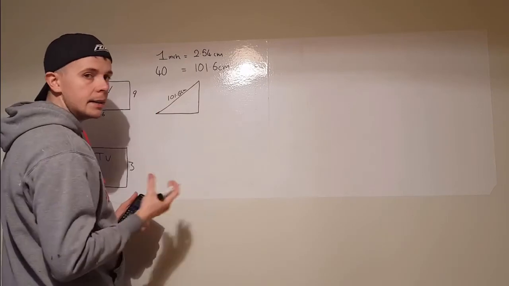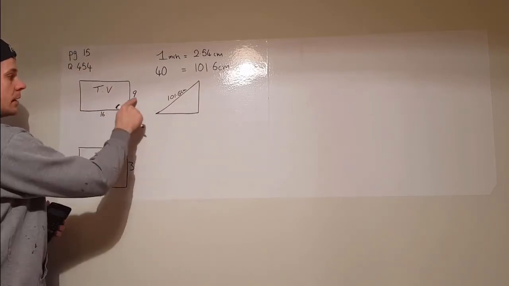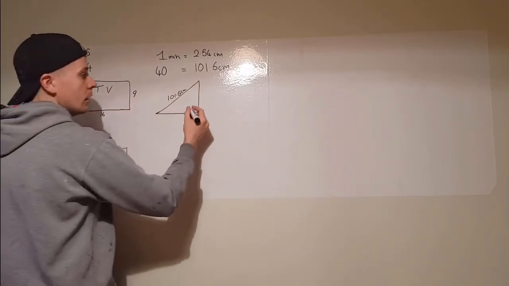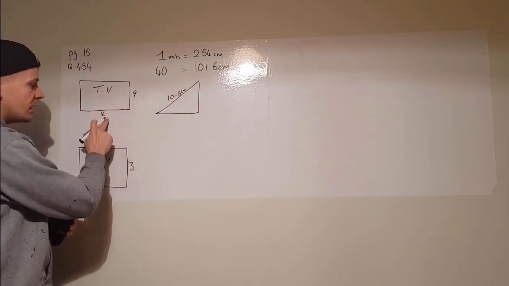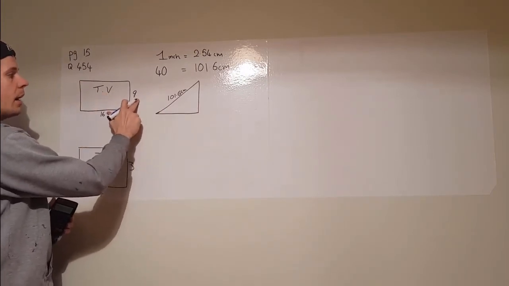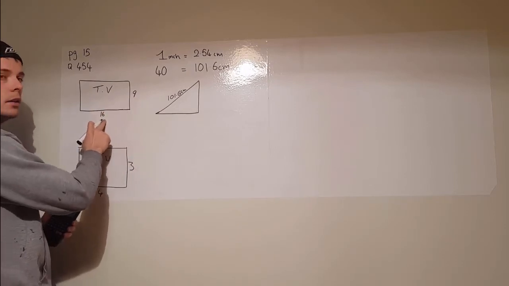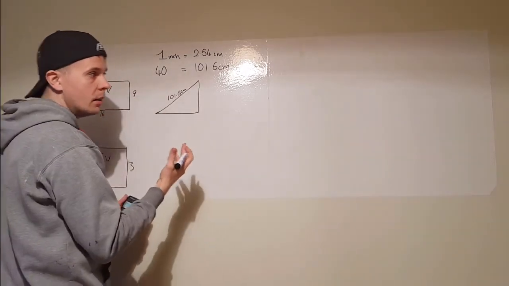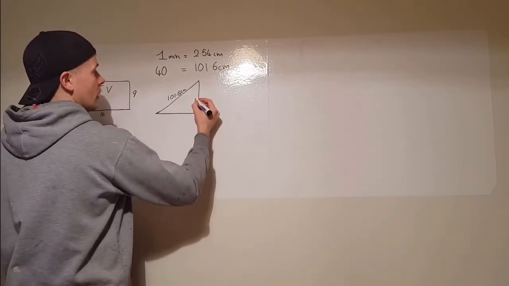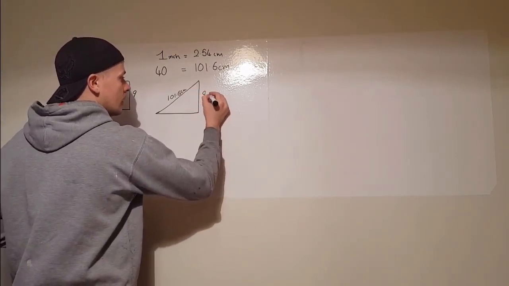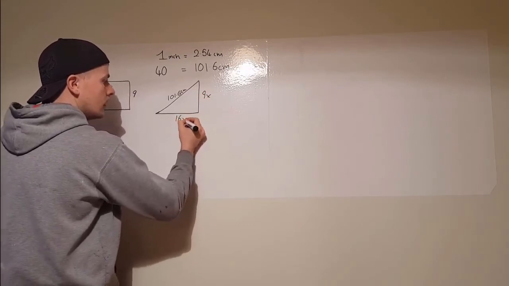We know the aspect ratio of the TV, it's 9:16. It's not 9 centimetres is to 16 centimetres, it's 9 parts is to 16 parts, but we don't know what a part is, so we're just going to call that unknown part x. So 9x and 16x.